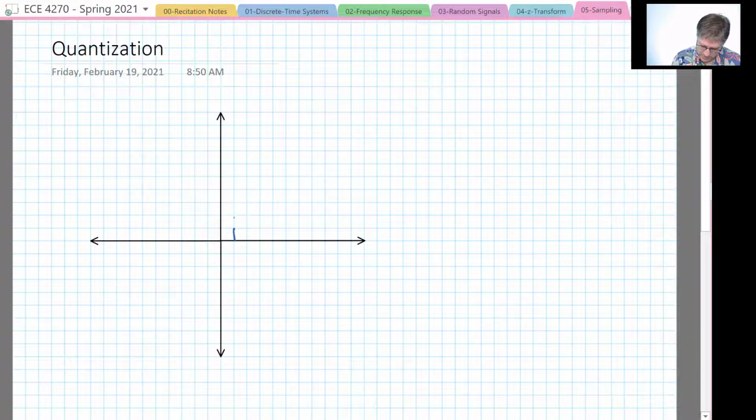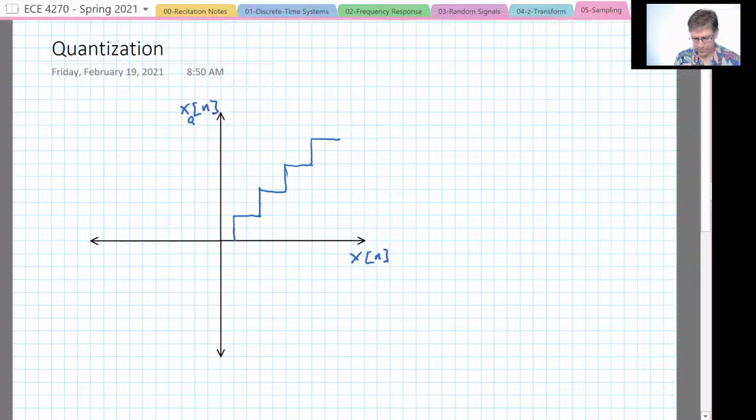The idea behind these stair steps is your input signal is on the x-axis and your output signal is represented by this function on the y-axis. So this would be x of n coming in, and this would be x of n quantized coming out.